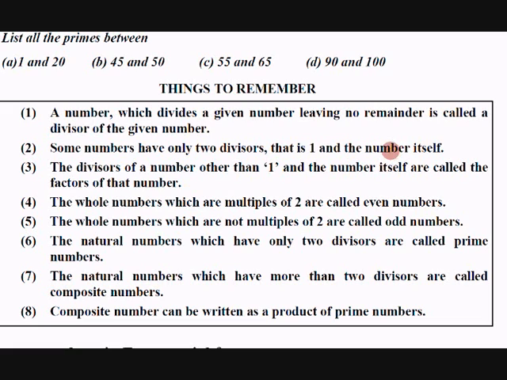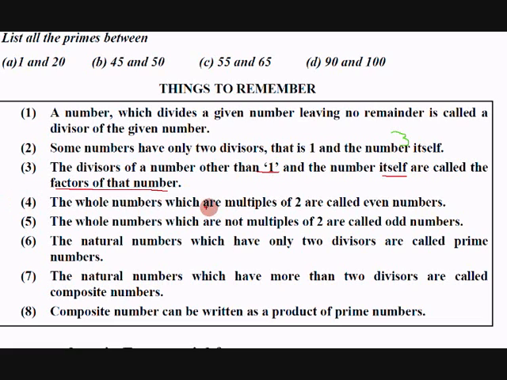For the number 3, we saw there is only 1 and 3. There is no other divisor. Likewise, the divisors of a number other than 1 and the number itself are called the factors of that number. For example, for the number 4, 1, 2 and 4 are divisors. But 2 is a factor as per this point.